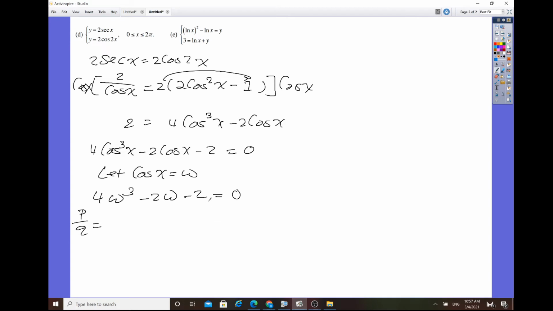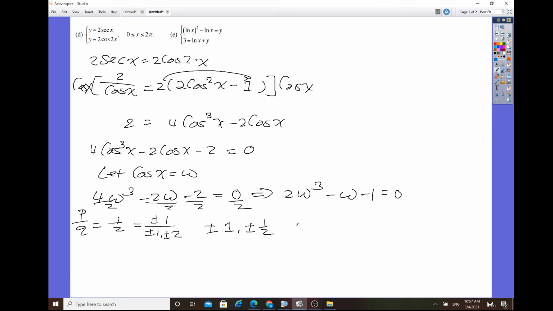It looks like it's going to be negative 2 over 4, but we can always divide everything by 2. So we have 2w to the power of 3 minus w minus 1 equals 0. So p over q is 1 over 2. List all the possible factors, plus or minus 1, plus or minus 2. So the possible zeros are plus or minus 1 half.